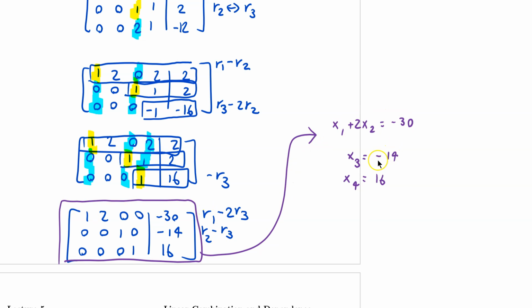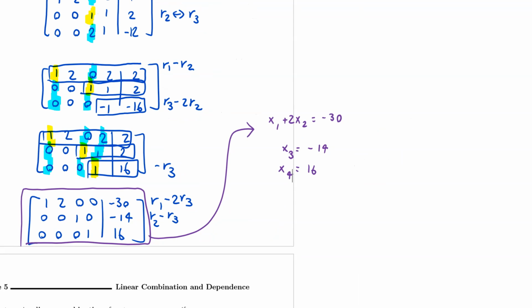So now once again, I have the values for x3 and x4 already, and my x2 is going to be my free variable then. So my x2 can be whatever I want. So now my solution for this system of equations is that x1, x2, x3, x4 is going to be, let me see, my x3 I knew already is negative 14, and my x4 is 16.